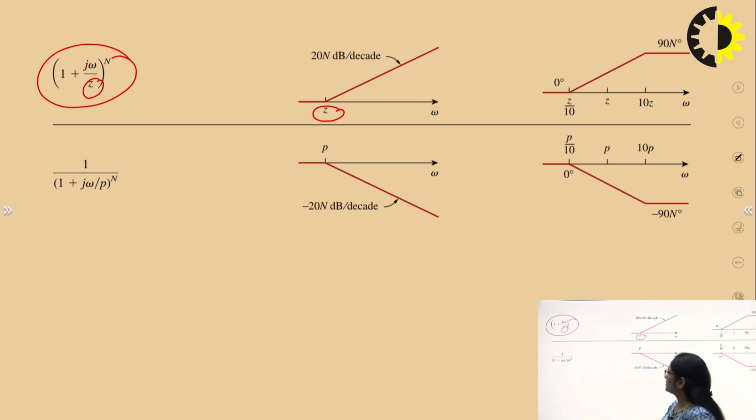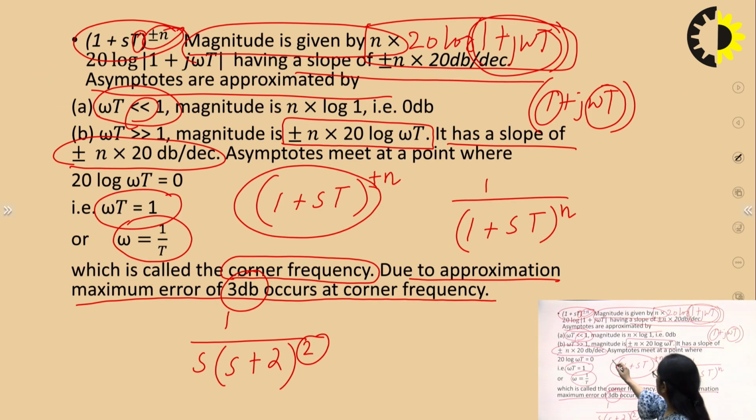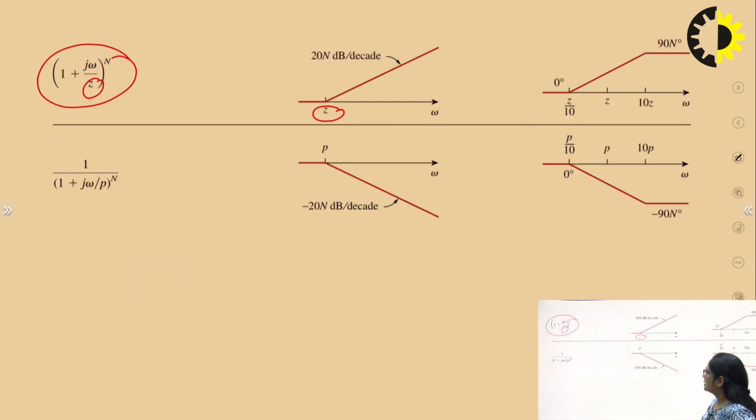So this corner frequency in this case is marked here, and the rise in the slope is 20 n dB per decade. So as mentioned here, it has a slope of plus minus n into 20 dB per decade, which means that this is that rise in the slope.